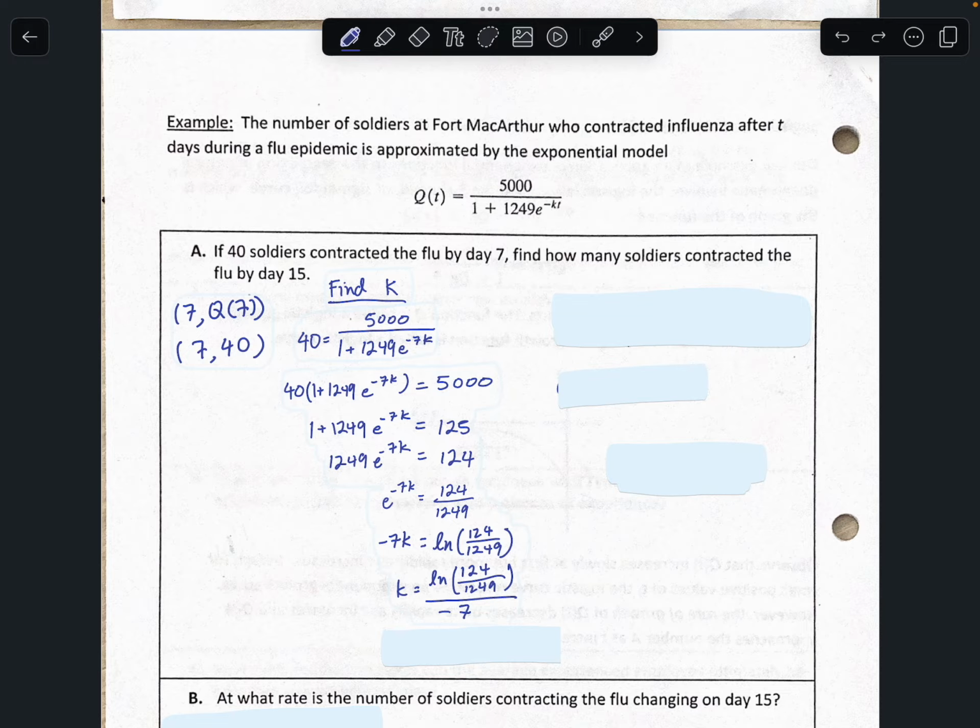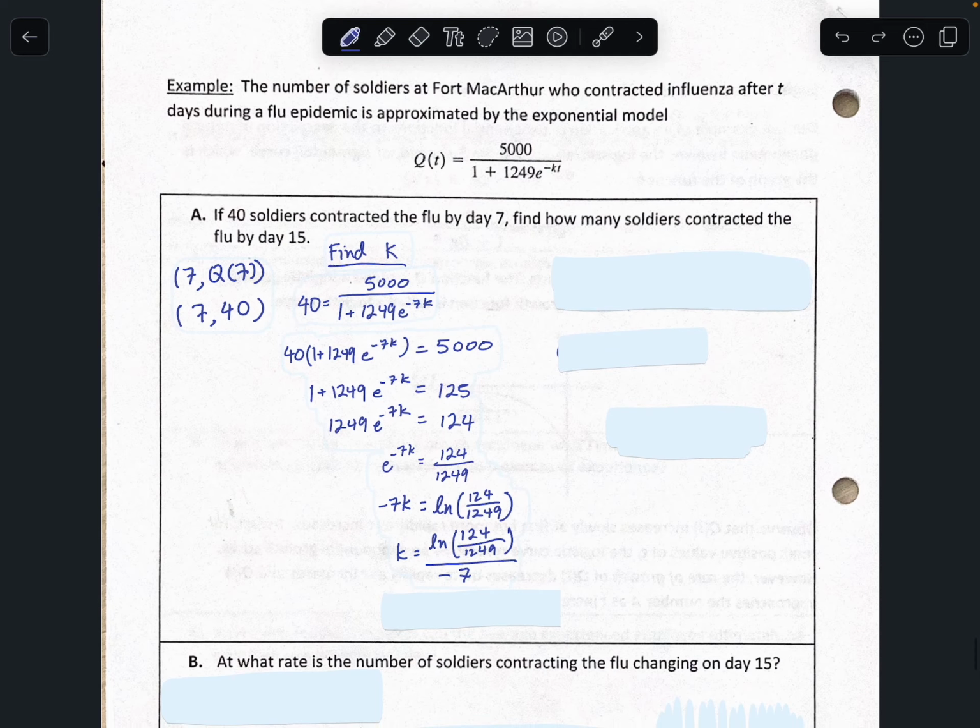Okay. So when that happens, I have 40 times that entire denominator equals 5,000, and I'm going to slowly chip away at the left side, and I'm going to break down that left side so that I can get k by itself. And again, you're going to see that I'm going to ln both sides in order to get rid of the e value. And I get another, it looks really complicated for a k value, right?